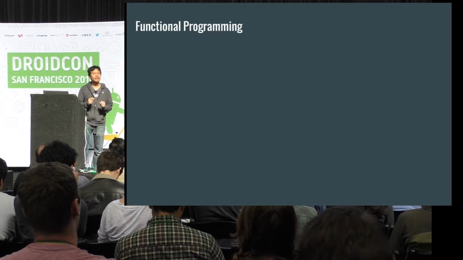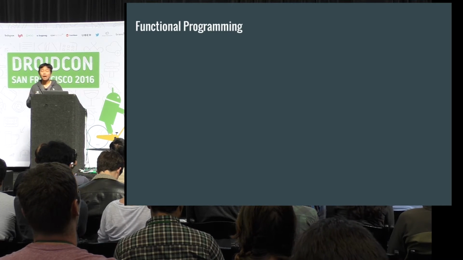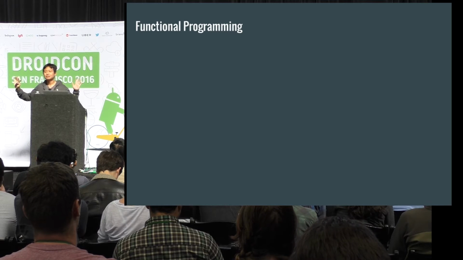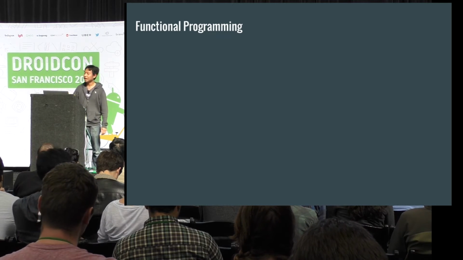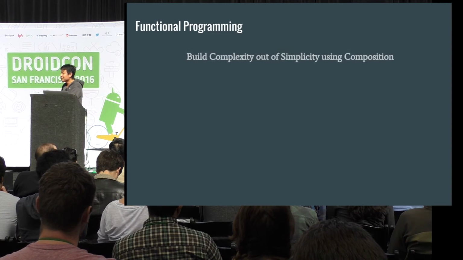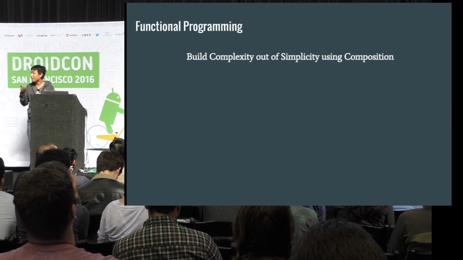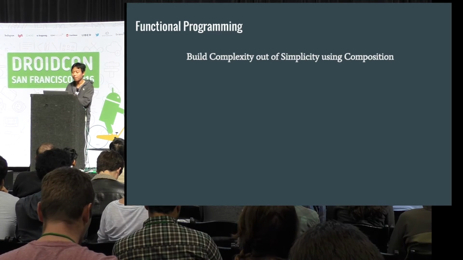The third one is functional programming. Why do you need functional programming? Before I start, anyone who knows about JavaScript promises? Okay, great. JavaScript promise is, I can say, functional programming. So what does functional programming allow us to do? Basically, we can build complexity out of simplicity by using compositions.